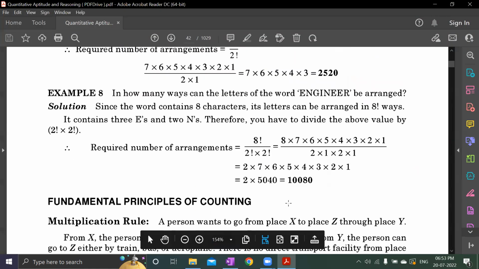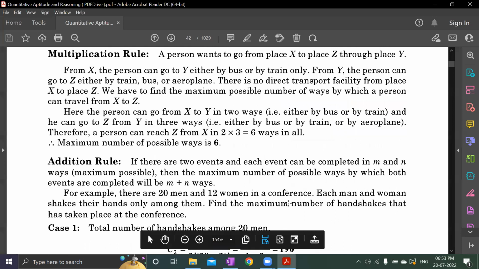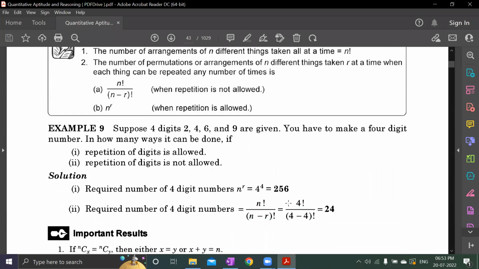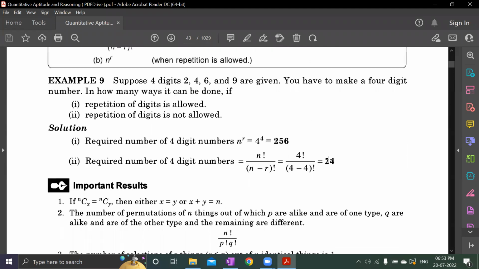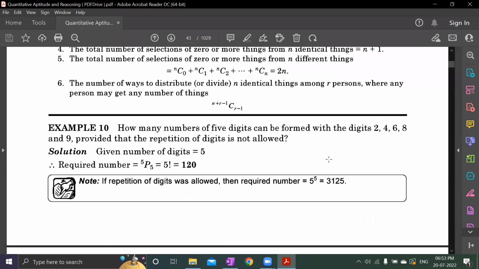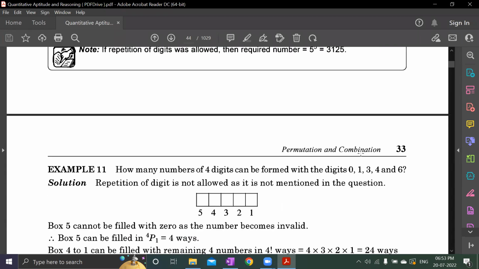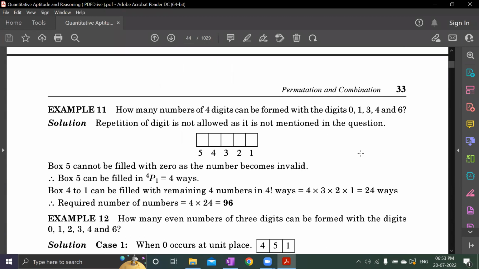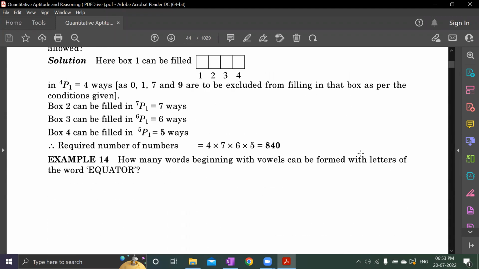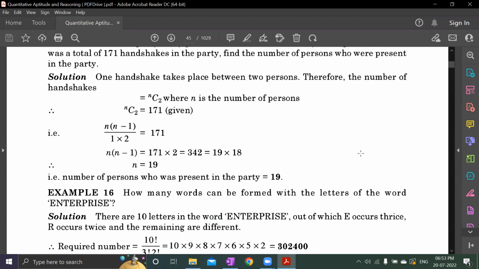I just wanted a question. Okay, fine. So the 4-digit number, right? It is not given in a proper order here.